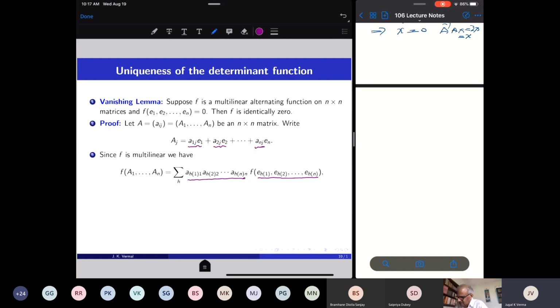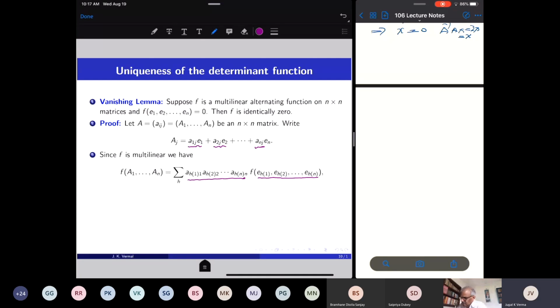These entries in the various column vectors will, by the multilinear property, come out, and we will be left with f operating on a matrix where the column vectors are e_h(1), e_h(2), e_h(n), where h is some function from 1 up to n to 1 up to n.